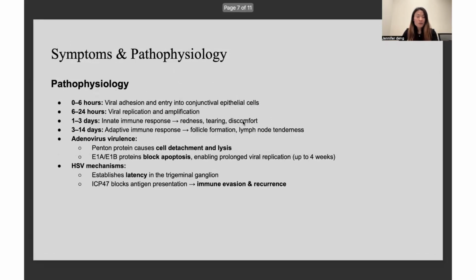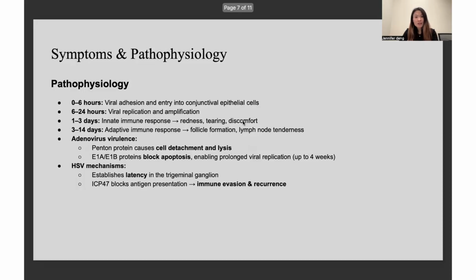For the pathophysiology, it follows a predictable timeline. Early on, the virus attaches to conjunctival cells and begins replication. Over the next few days, the immune response causes redness, tearing, and the formation of follicles.